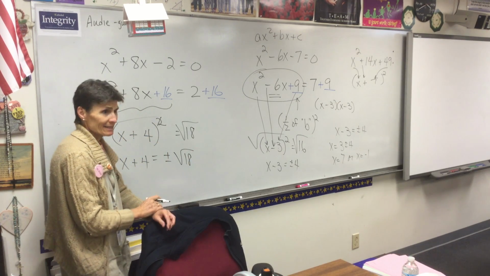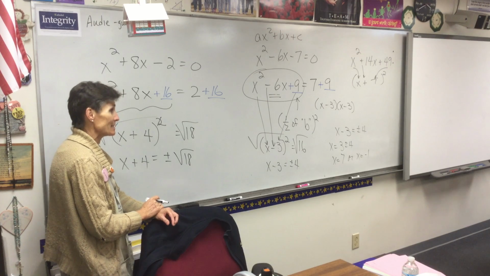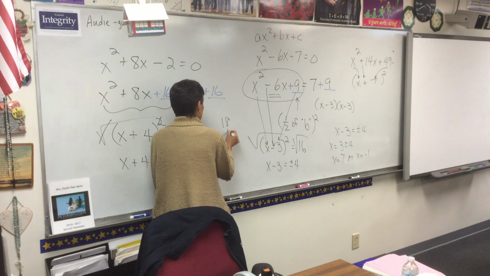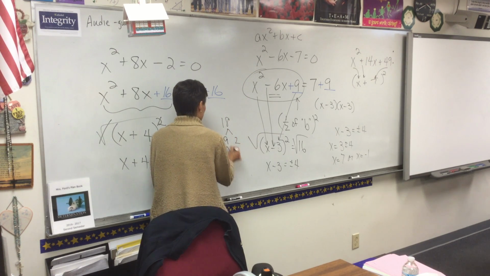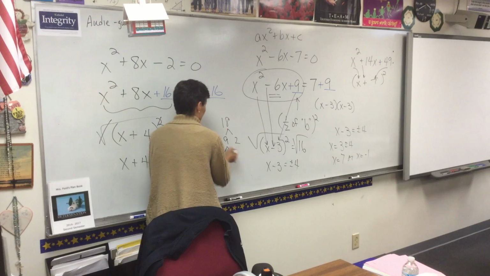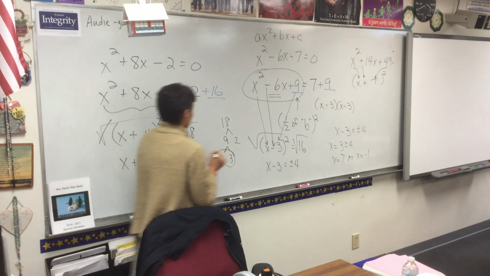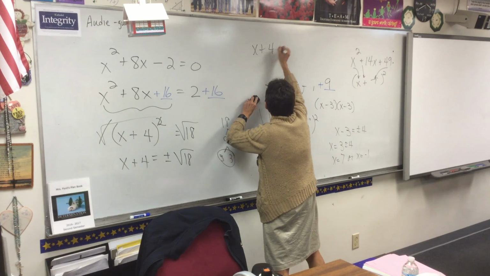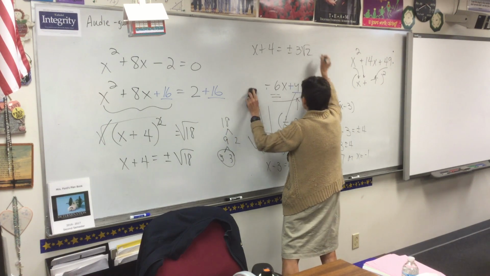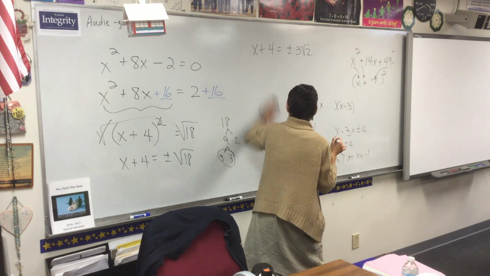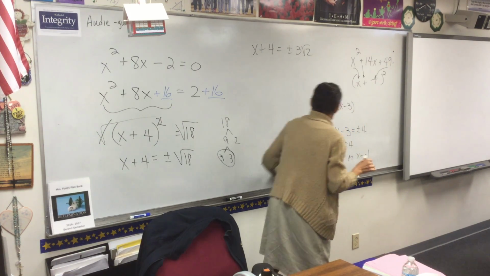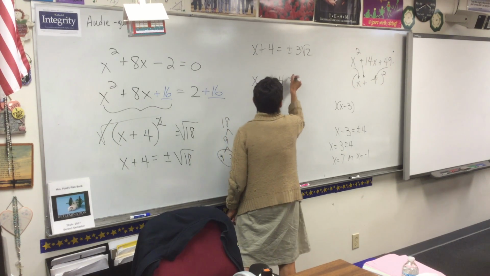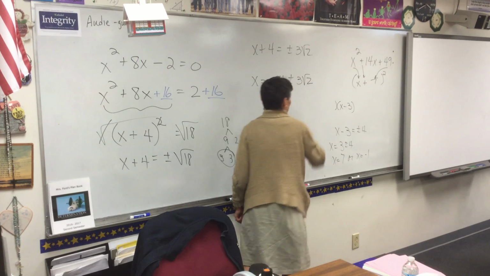Uh-oh. 18 breaks down. So 18 breaks down into 9 and 2, which is 3 and 3 and 2. So x plus 4 equals plus or minus 3 root 2. And then x equals negative 4 plus or minus 3 root 2.